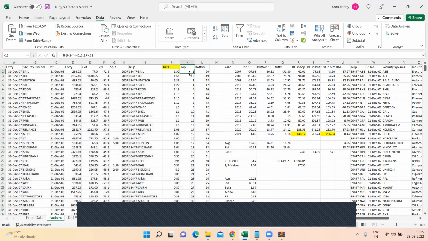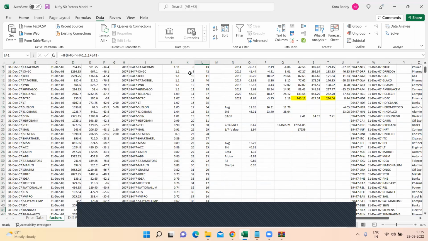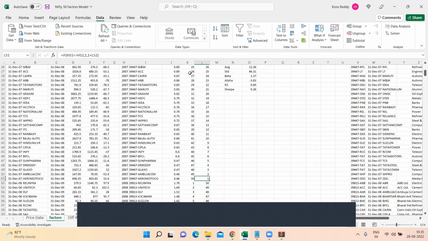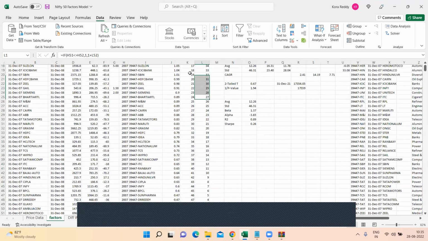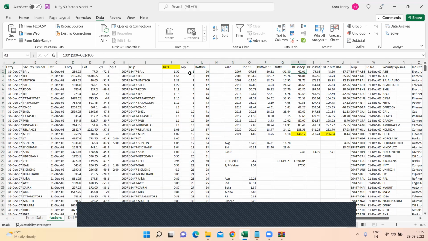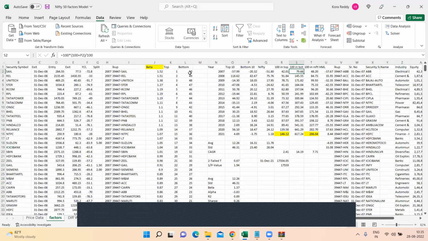So whatever you are doing is investing only in top 10 beta companies or bottom 10 beta companies. Each year, you keep repeating that. You can see a very big revelation here. What is that?